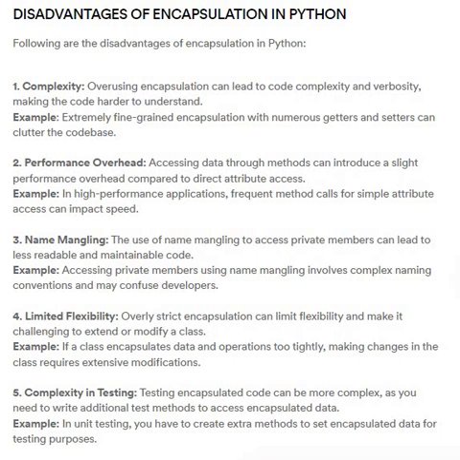The name mangling to access private members can lead to less readable and maintainable code, and limited flexibility and complexity in testing, as we need to write additional testing methods to access encapsulated data.